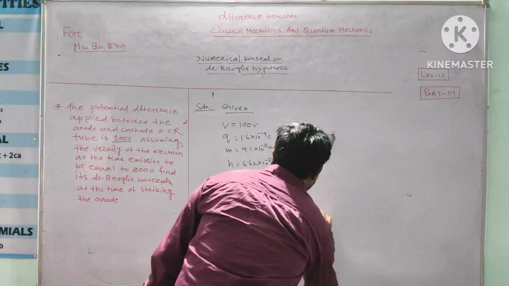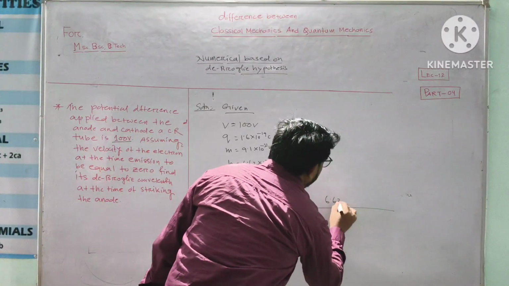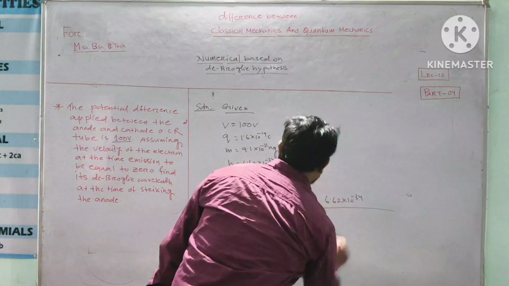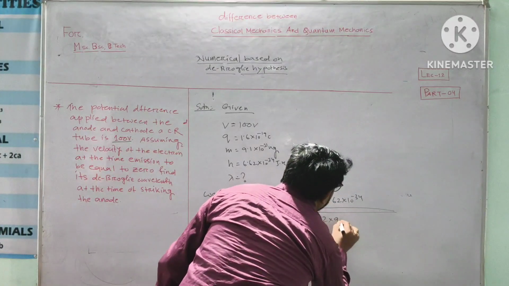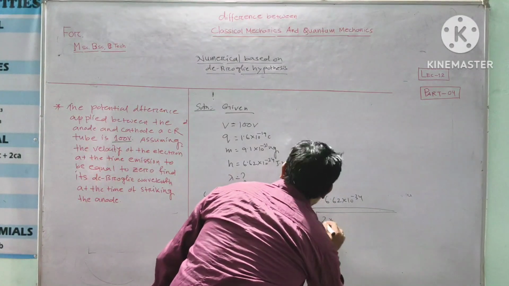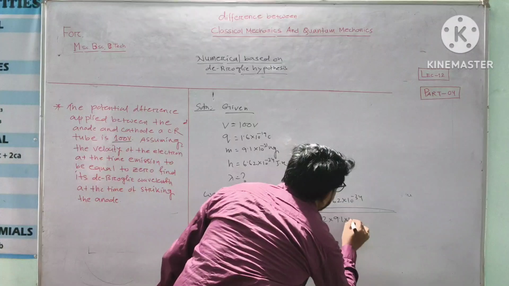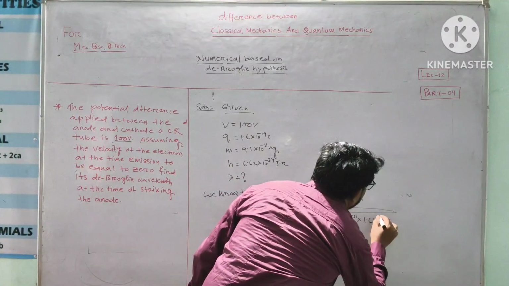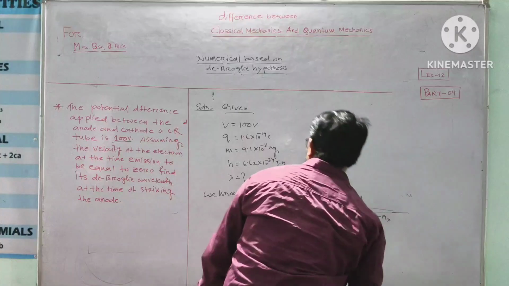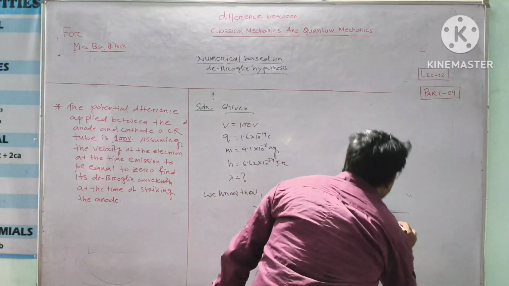The value of h equals 6.62 into 10 to the power minus 34, and 2 into the mass of the electron 9.1 into 10 to the power minus 31 into the charge on the electron 1.6 into 10 to the power minus 19, and the accelerating potential difference 100 volt.